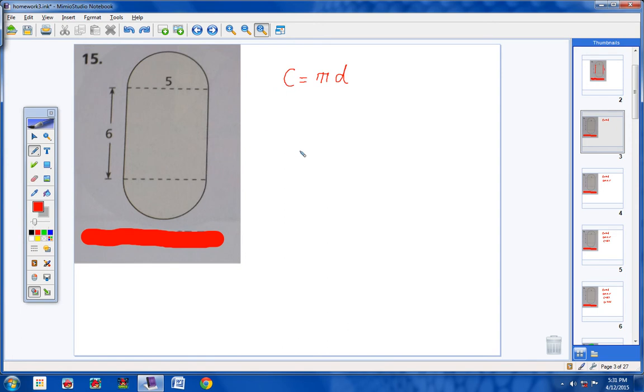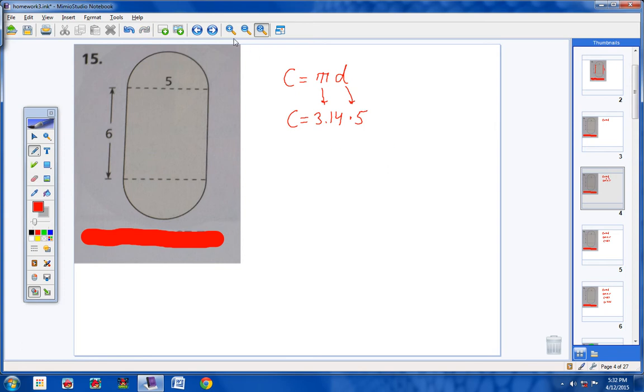First of all, we know the circumference of this circle is pi d. Where pi is, I put 3.14. And the diameter, if you draw your entire circle, you can see is 5.